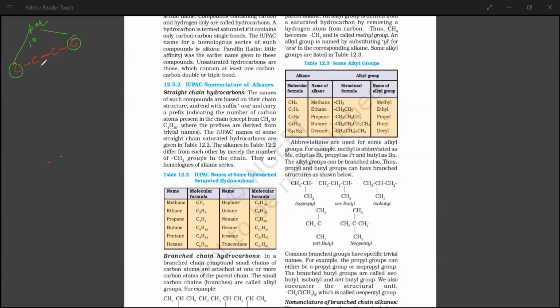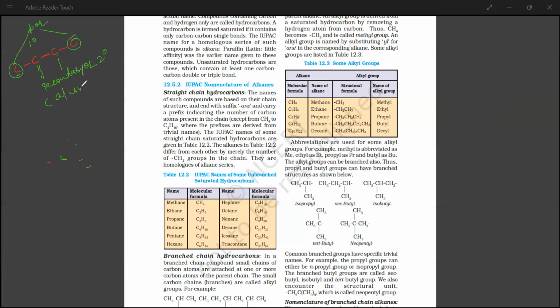And what about this carbon atom? This carbon is further attached with 2 carbons. This carbon is also further attached with 2 carbons. So these two carbons are known as secondary or 2 degree carbon atoms.